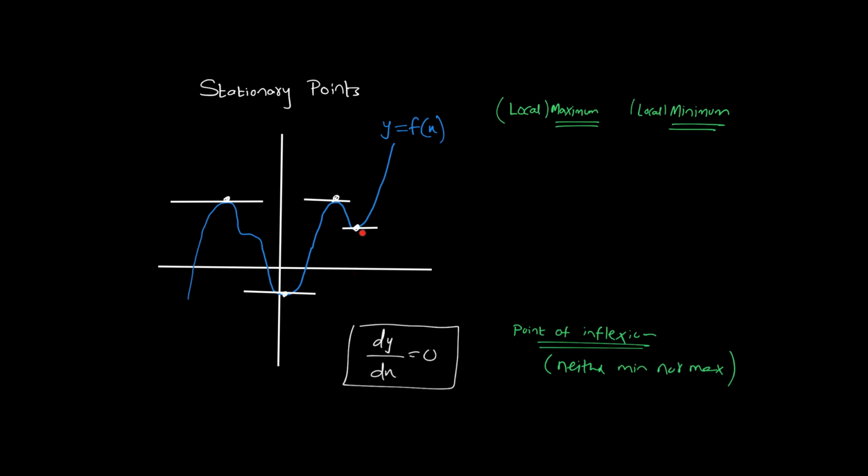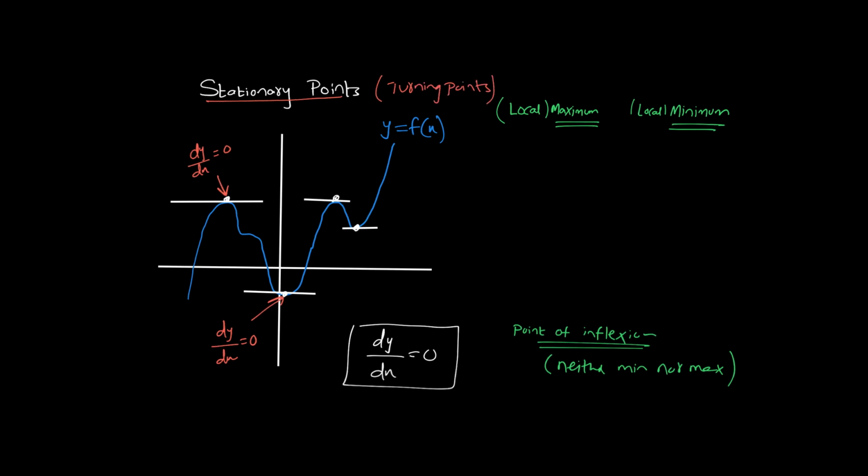Similarly, you have minimum points over here. Whether the point is minimum or maximum, the gradient function would be 0 for both, and these points are referred to as stationary points as well, or you can term them as turning points.